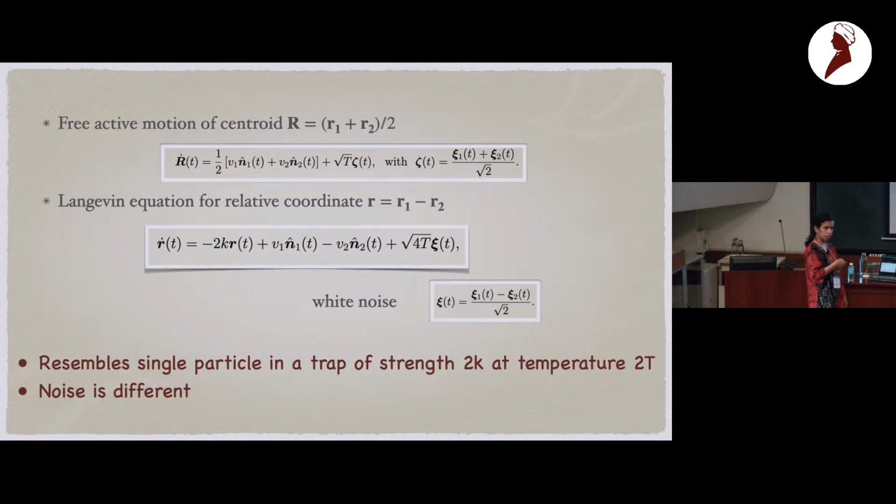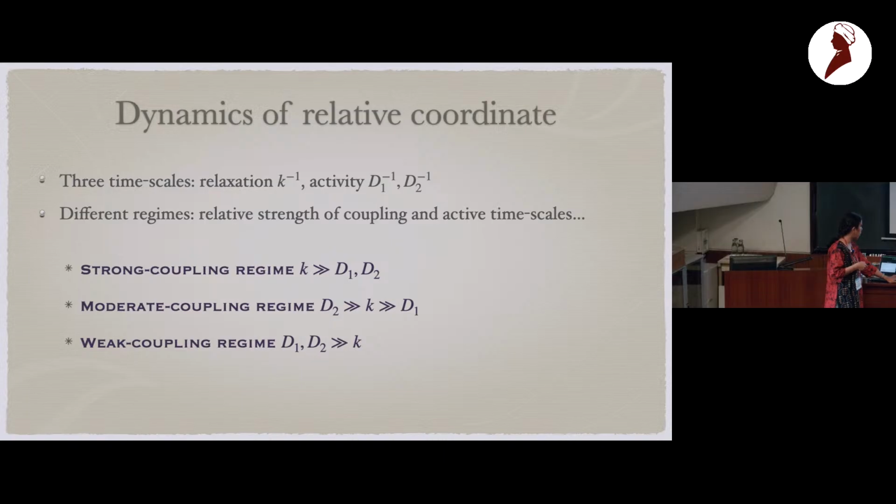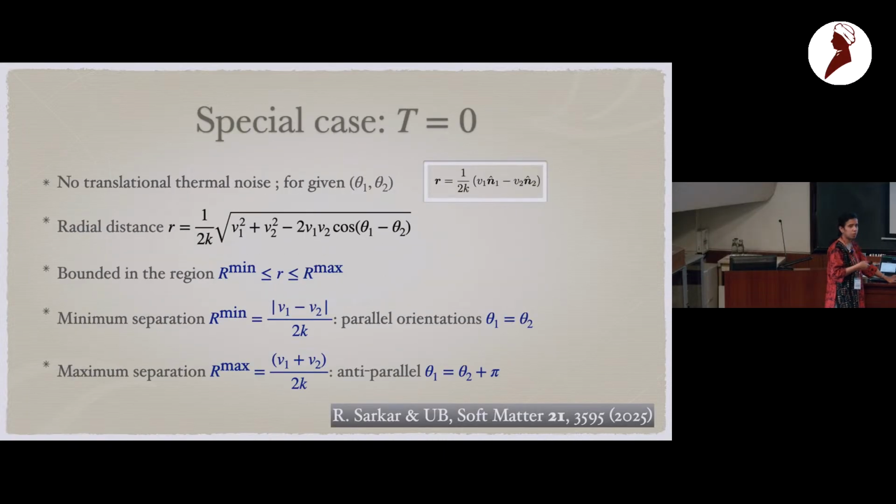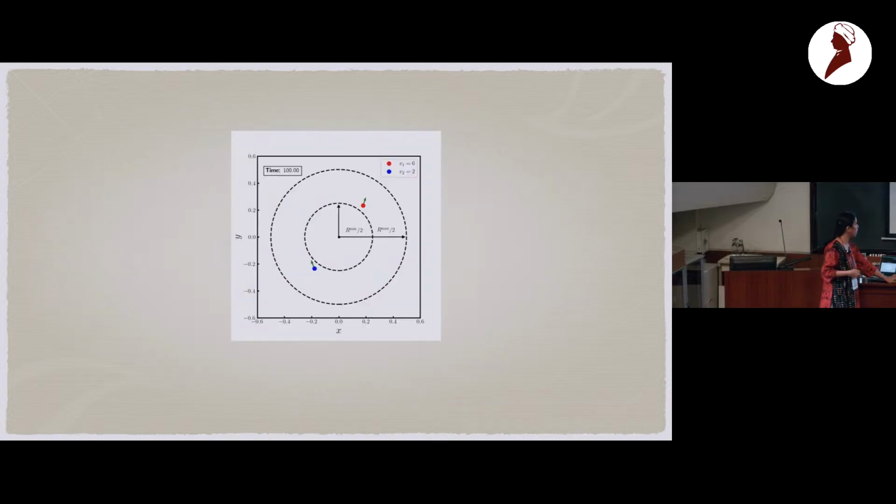If I were to look at a single particle in a trap, I would have only one such term. But there will be an effective noise, and that effective noise is exactly what gives rise to this repulsion.